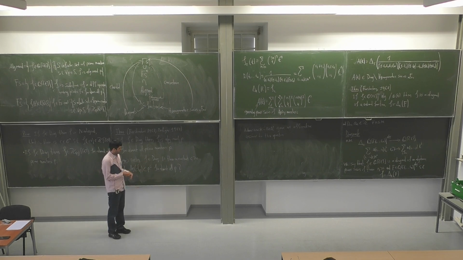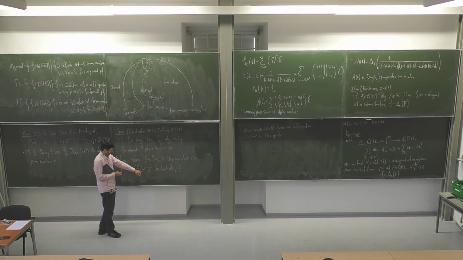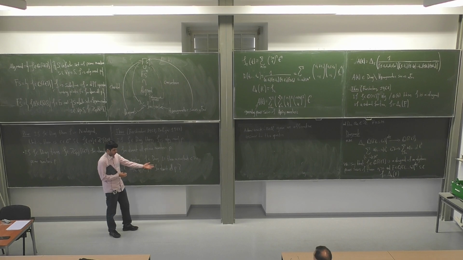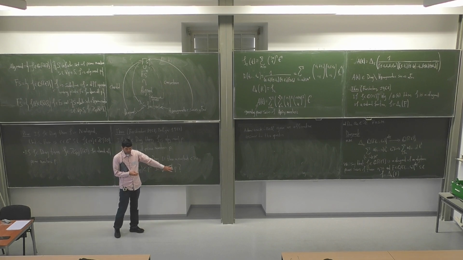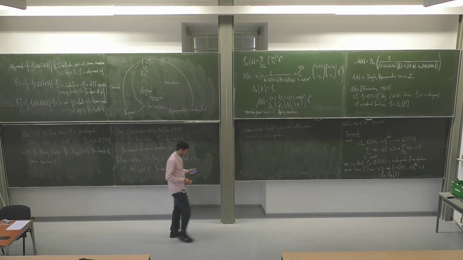Because in some cases you have G functions that you can reduce modulo p for infinitely many primes. So you can ask the same question: is there a constant c so that the algebraicity degree is bounded by p to the c for such prime numbers? Okay, so that is something important.